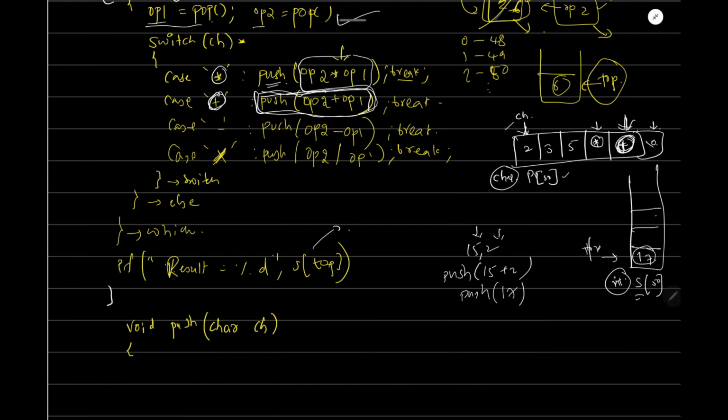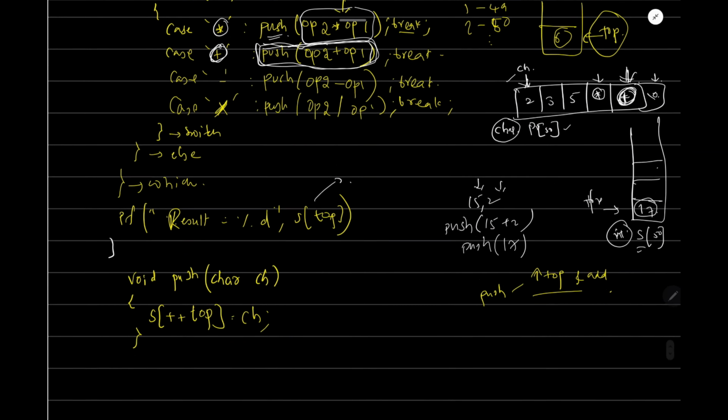How we will be pushing is, basically we will be incrementing the top and inserting it into the stack. We already saw push. So we will be incrementing the top first and then adding the element into it. Simply we can write s of plus plus top is equal to ch. So the particular character will be inserted.